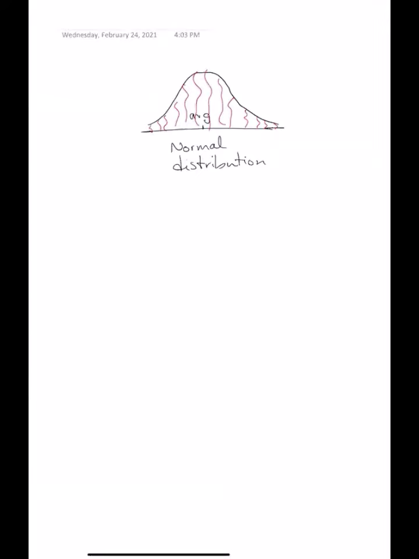And the normal distribution, like any other continuous random variable, has a probability density function, right? And this is the formula for the probability density function: 1 over sigma.